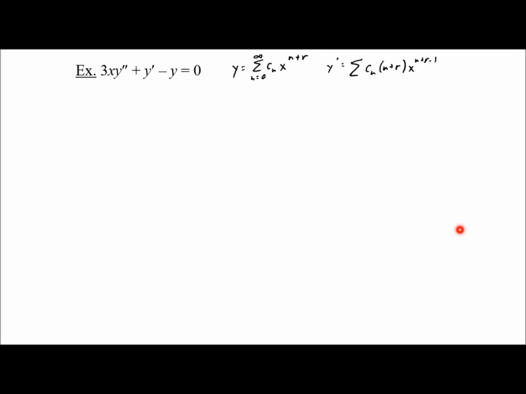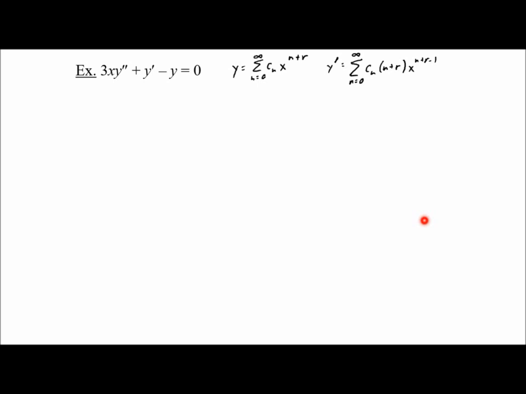Now, unlike the method we used last class, the n is going to continue starting at 0. That is not going to change. It is still going to start at 0. Because remember, last time when we took the derivative, it was n times whatever. When n is equal to 0, that term goes away. Let me put it a different way.